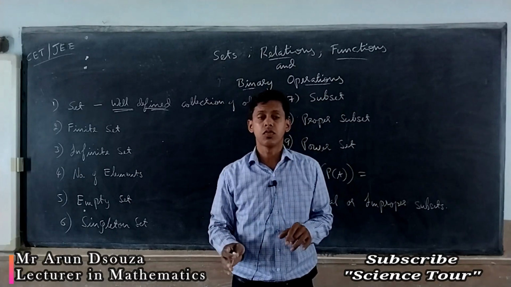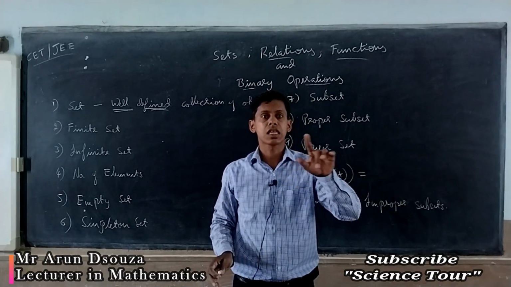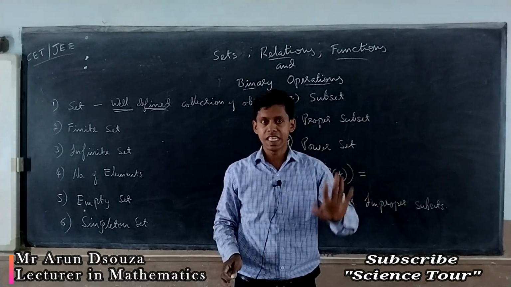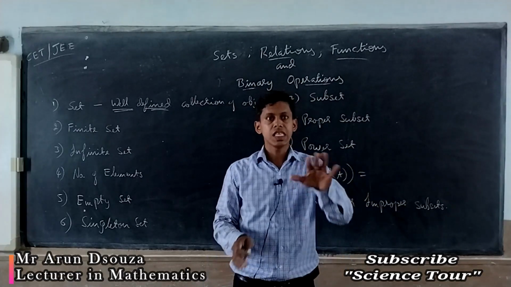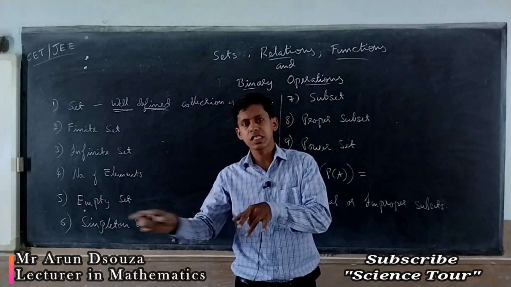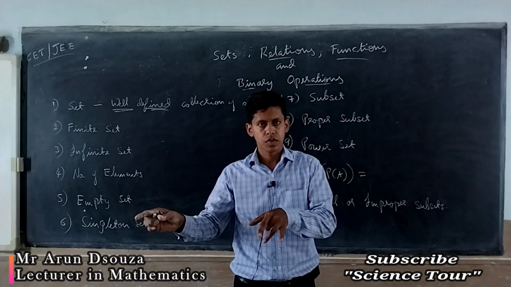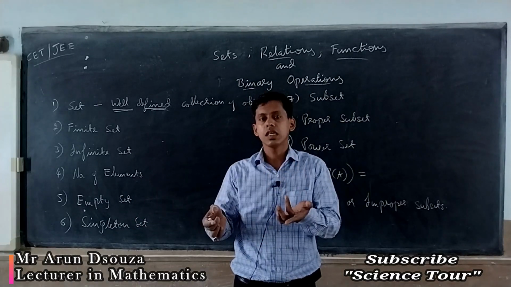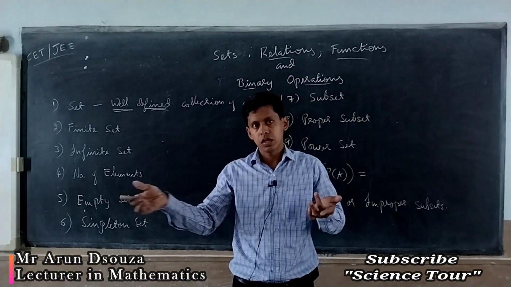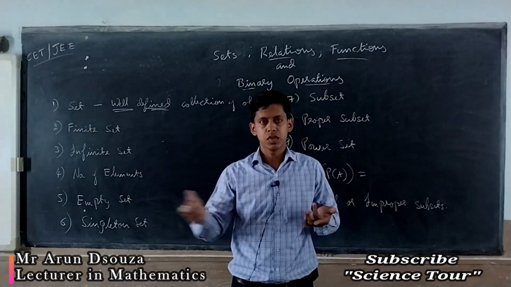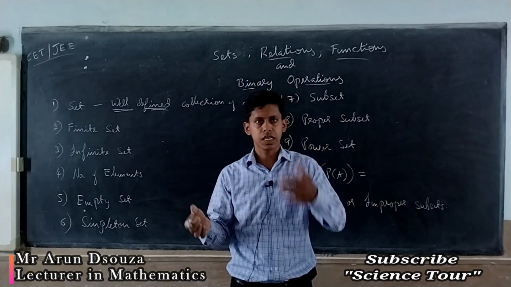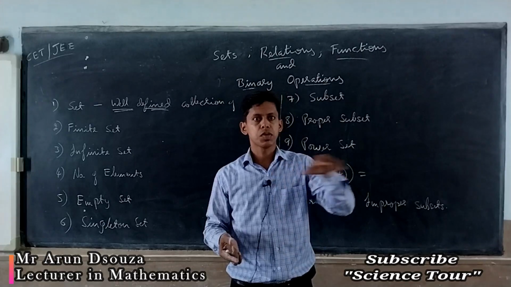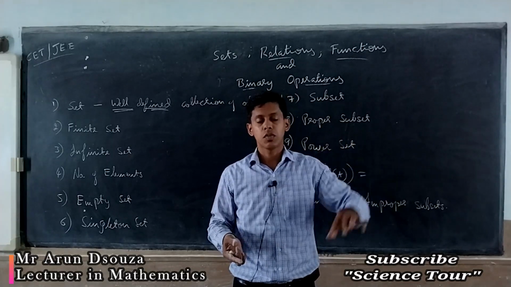When we hear the words best cricket players of India, each student will write a different set, is it not? Can you make every student agree to the same members of that set? Some people may include Mahendra Singh Dhoni.